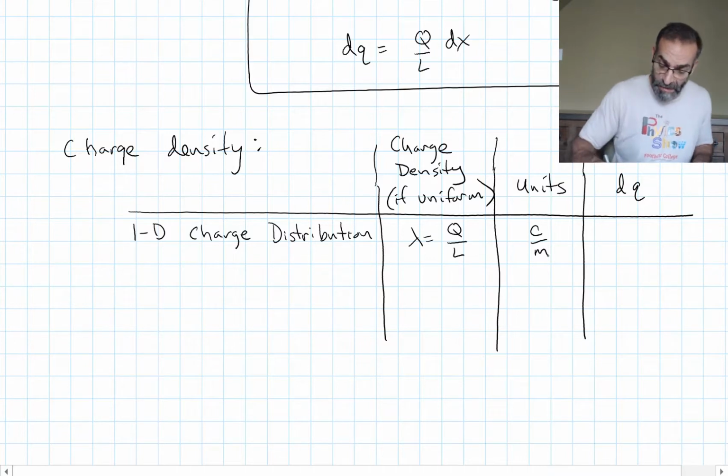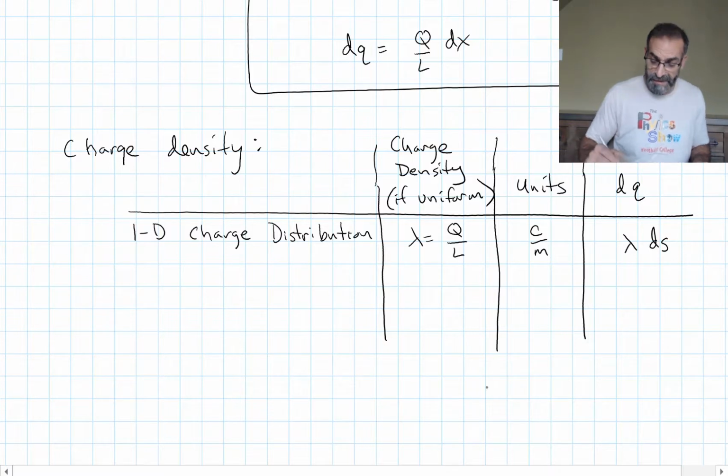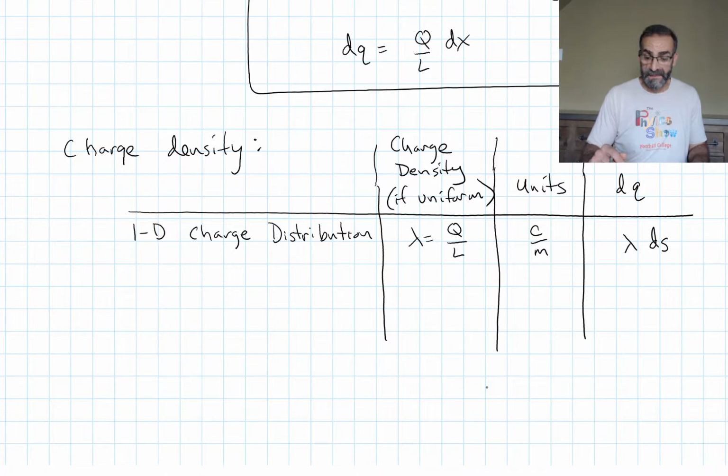And our dq will always be lambda times some length element ds. And that's true even if lambda is not uniform. dq is always lambda ds for a one-dimensional charge distribution. If lambda is uniform, then dq is Q over L ds.